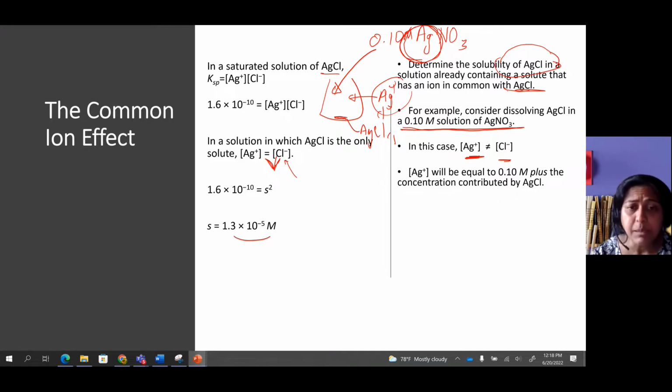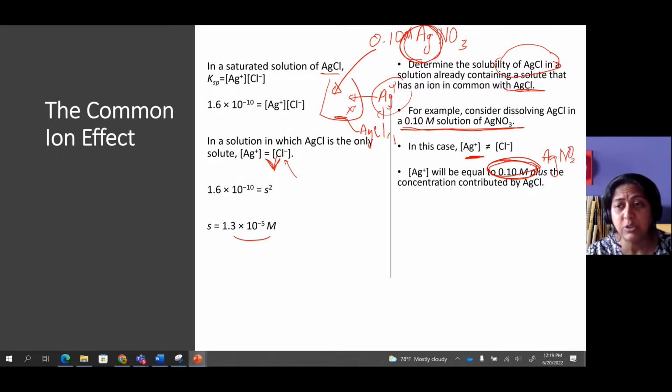But what is the concentration of silver ions now? That will be equal to 0.10 molar because it is added from a solution. And the amount contributed from the dissociation of the silver chloride is a negligible amount compared to the concentration of the silver plus added from the silver nitrate.